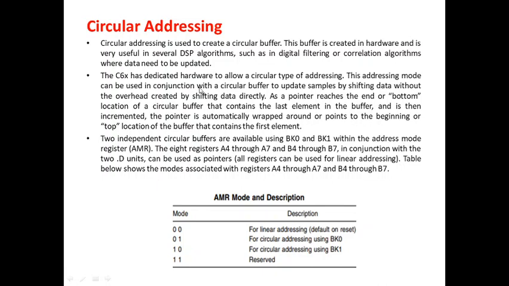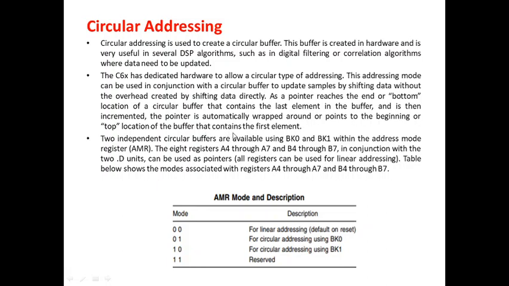The C6X has dedicated hardware to allow circular addressing. As a pointer reaches the end or bottom location of the circular buffer that contains the last element, the pointer automatically wraps around to the beginning or top location of the buffer that contains the first element.